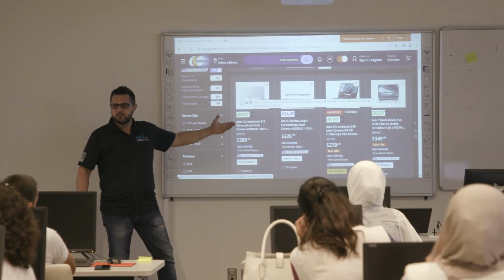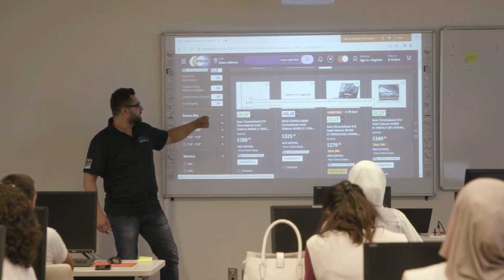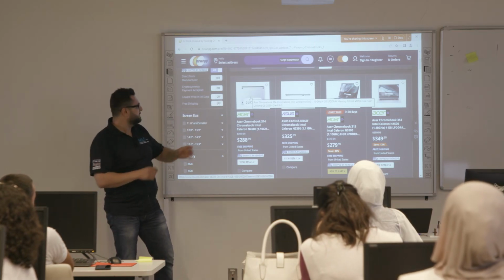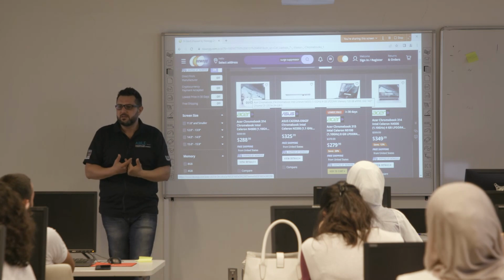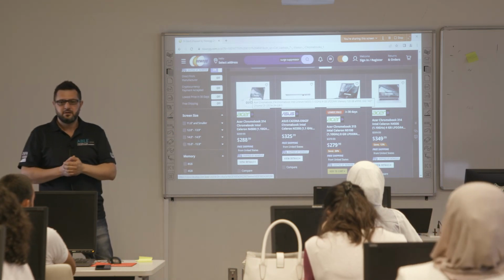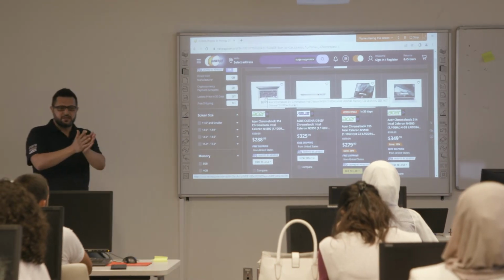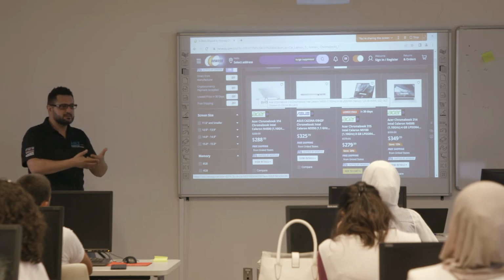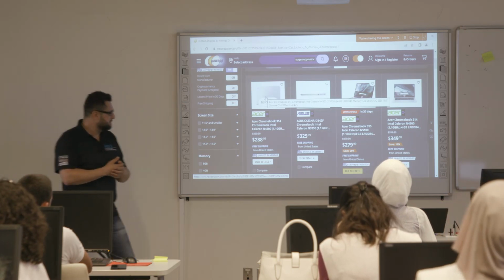Okay, that's a good idea, a good thing. So if I want quick information about this laptop and I'm using a screen reader, it will read it for me. Or if I'm using any accessible assistive technology, it will be easier for me.